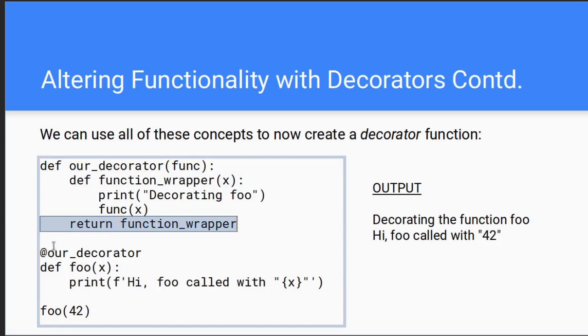So if we have a function reference returned from a function, we can use that function, this one, our decorator, as a decorator. What we do is we precede it with an @ sign, and that becomes our decorator.